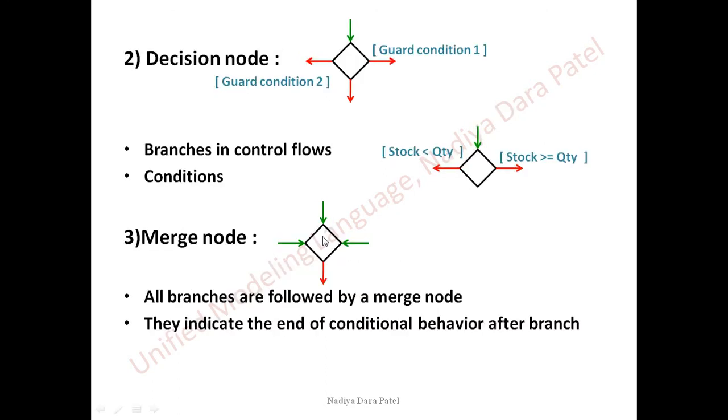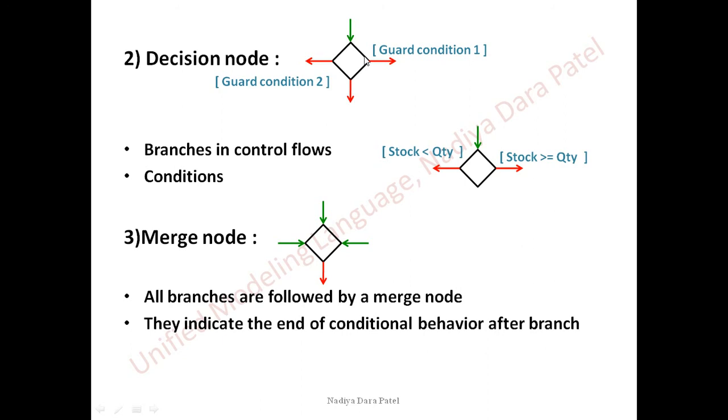One more thing you should observe is that a decision node has one incoming arrow, it is going to have a decision, and it has many outgoing arrows. Similarly, in contrast to the decision node, a merge node has many incoming arrows. It is going to merge them together and go to the final state, so it has only one outgoing arrow.